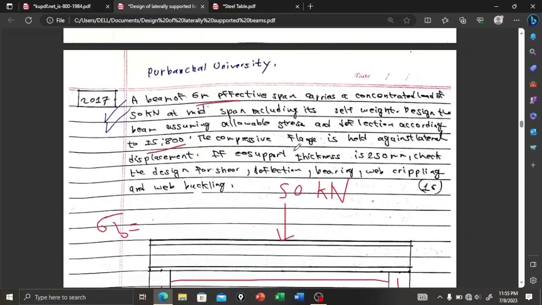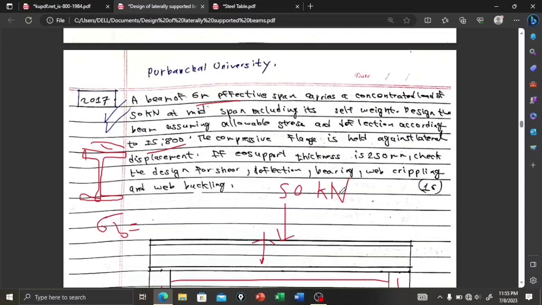The compressive flange is held against lateral displacement. This is the I section. So it is held against this lateral direction, in this lateral direction.